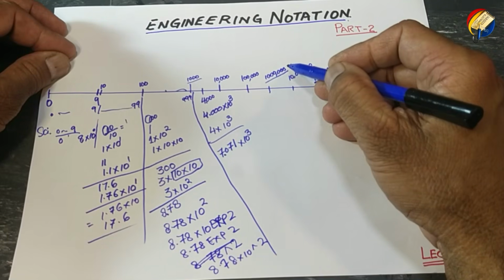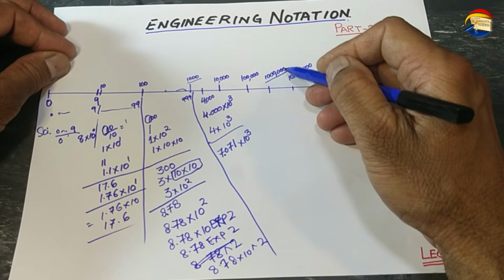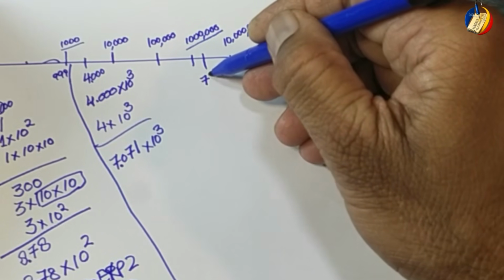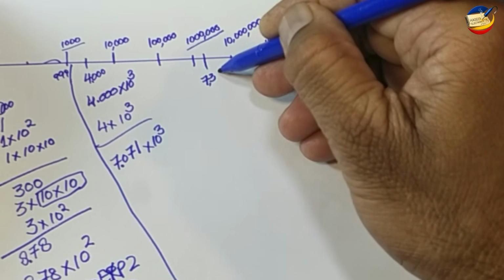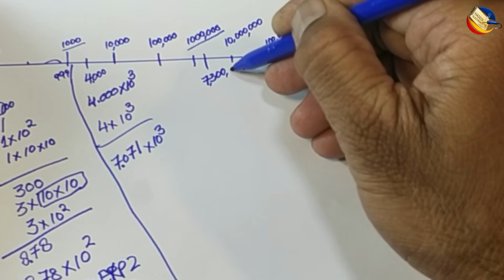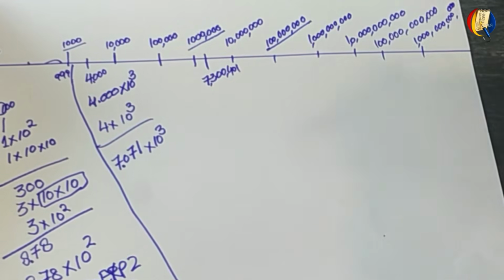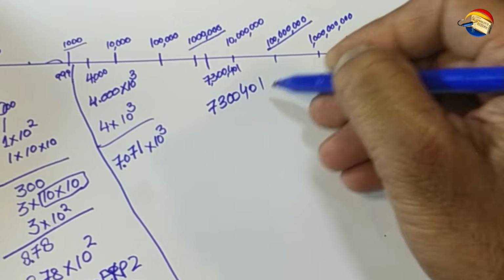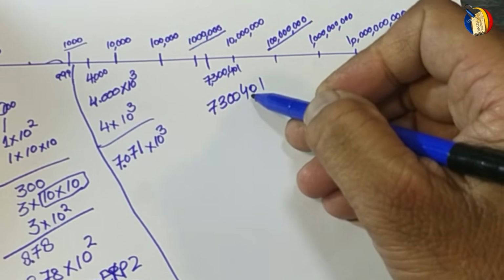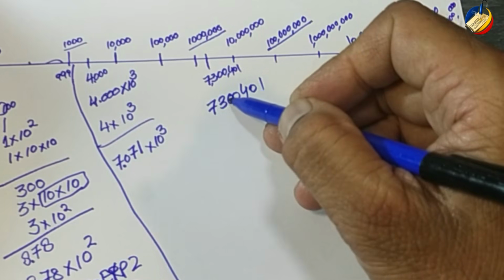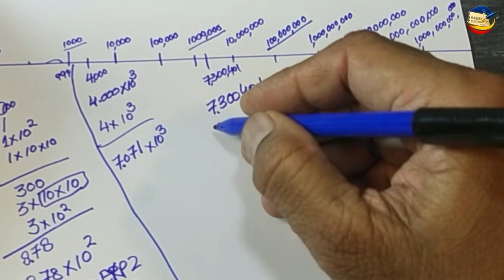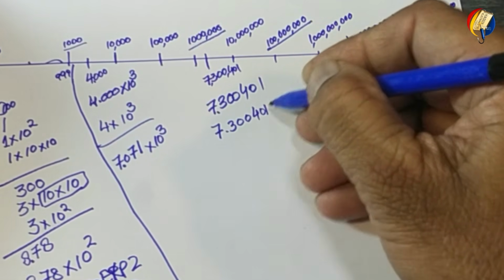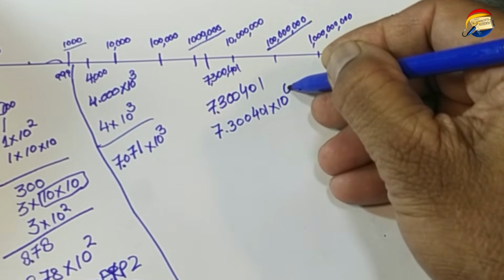Let's suppose we have this value 1 million, 6 zeros. Let's suppose 7300401. In this situation, for 7300401 we move 1, 2, 3, 4, 5, 6 here. 7.300401 × 10 raised to the power 6.